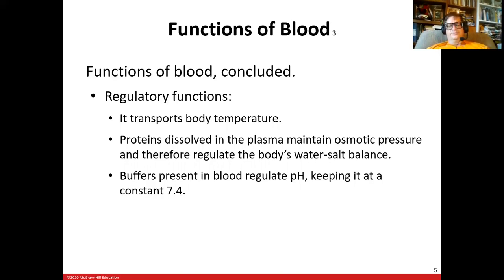All right. And the blood's full of buffers. There are 4 different buffering systems. The big one that we're going to be talking about would be the bicarbonate buffering system. It says keeping it a constant 7.4. In reality, your blood pH varies a little bit, but that's right dead in the middle.